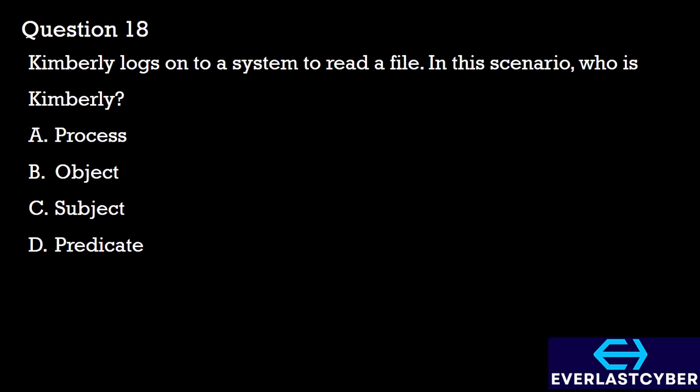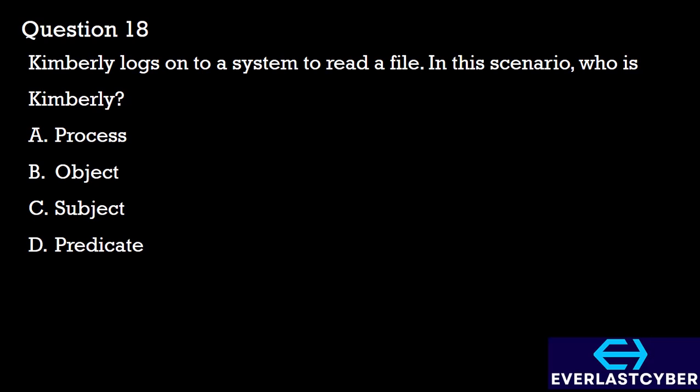An object refers to a resource or data that is accessed or manipulated, but this does not apply to a person. A subject is an entity that interacts with or performs action on an object. In the case we have here, Kimberly is an entity that is performing the action of logging on to read a file.